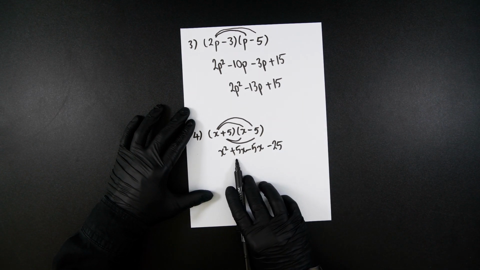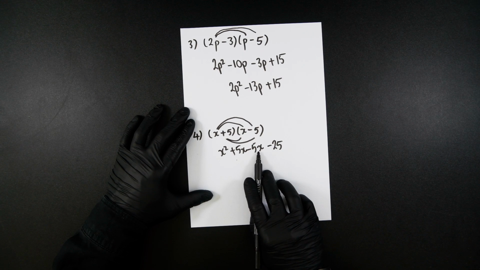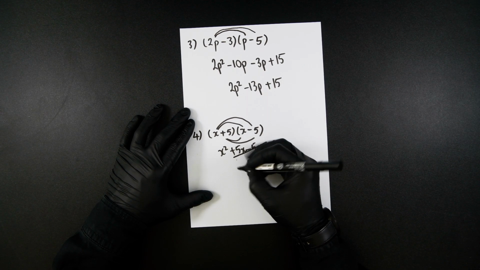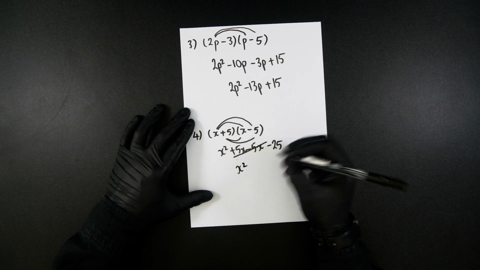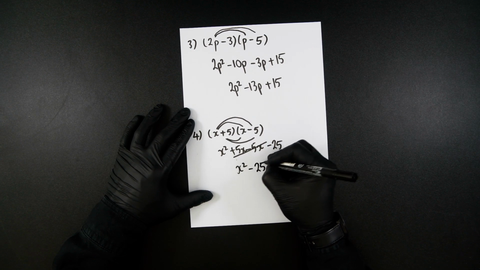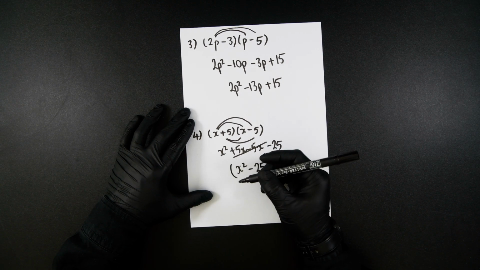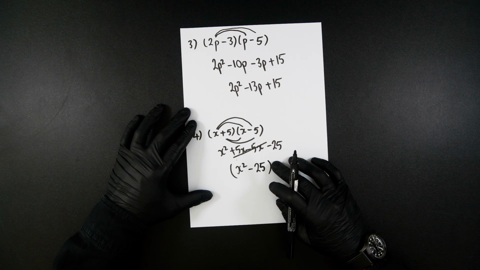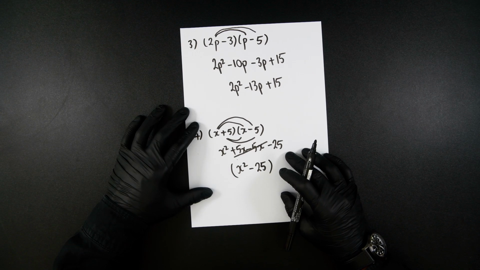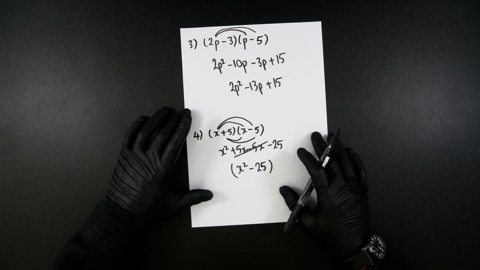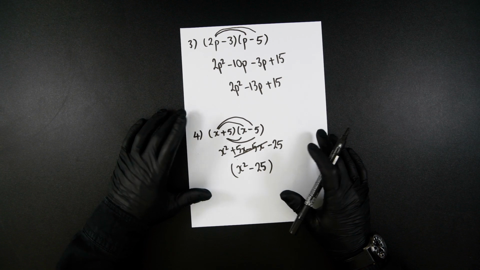You'll notice that plus 5x minus 5x is nothing. So this goes away and you will have x squared minus 25. This is called the difference of two squares. However, this is something that I'll go over in a separate video altogether. For now, you've successfully expanded this quadratic.